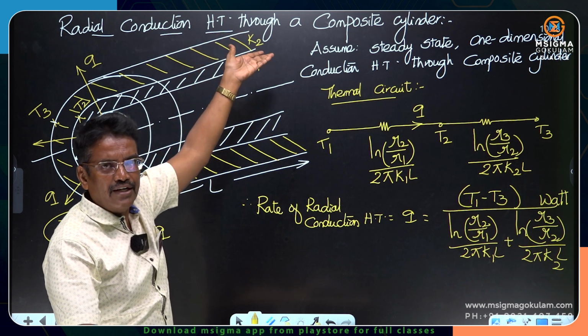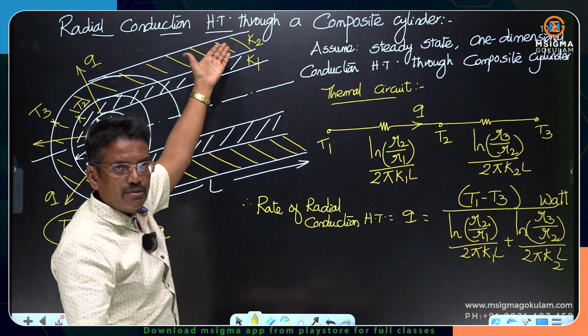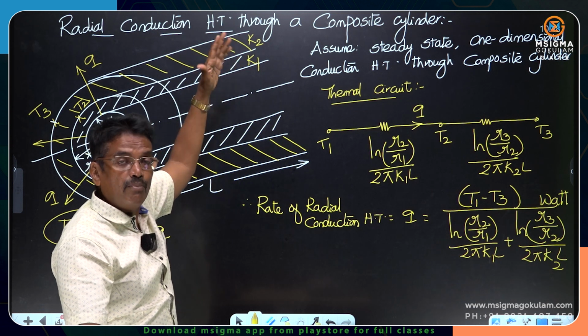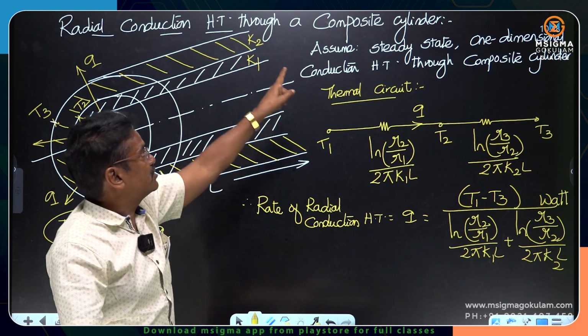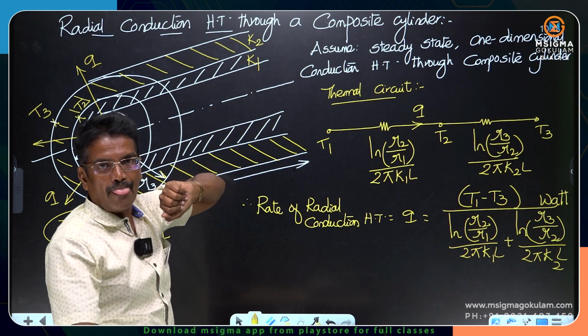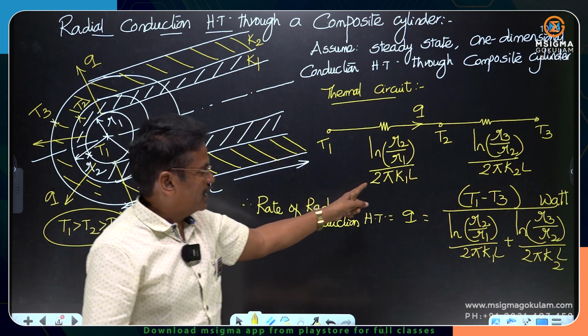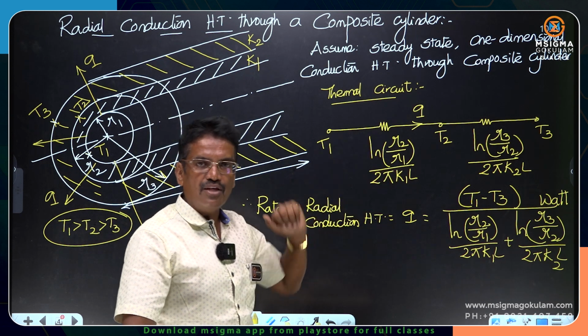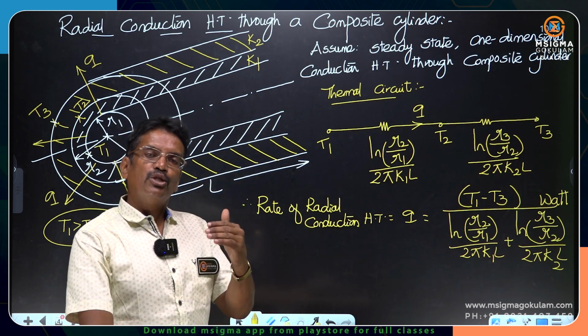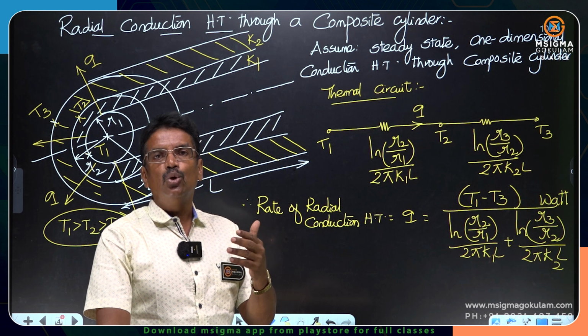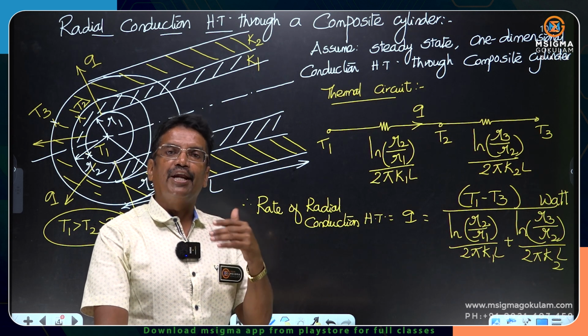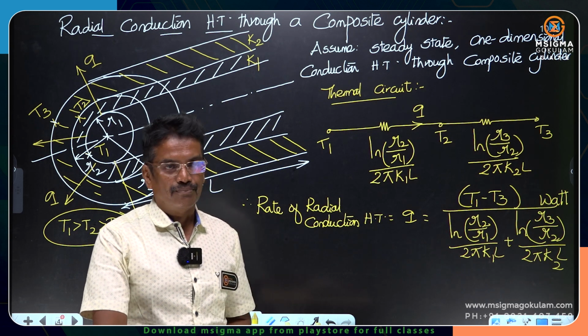Easily we can decide that the resistance offered by the asbestos, an insulating material, will be far greater than that offered by the metallic pipe. Metals are very good conductors; when the conductivity is more, resistance will be lesser. Obviously insulating materials offer great resistance as compared to metals.